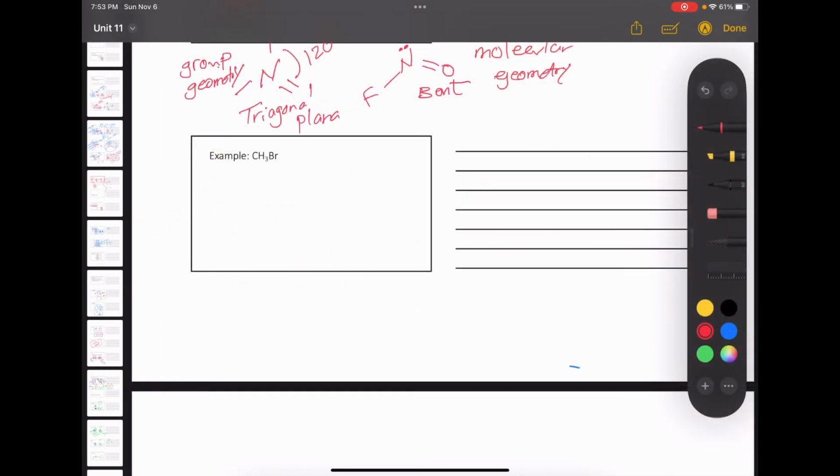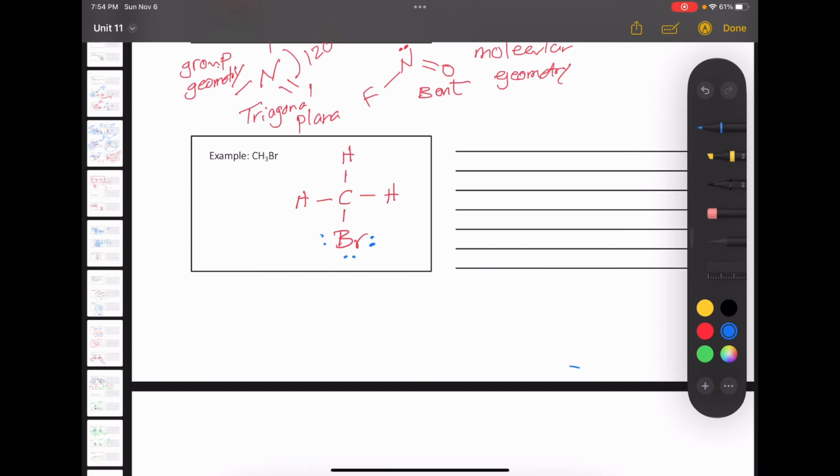Let's do now the methyl bromide, which is a molecule that we just did the Lewis structure for a few slides ago, correct? And we have concluded then that for the methyl bromide, we have carbon with 4 bonds, 3 of which are hydrogen, and one that is a bromine. And in terms of the bromine, we always have to make sure that we are displaying our non-bonding pairs.